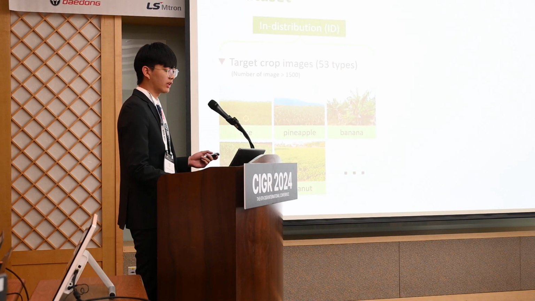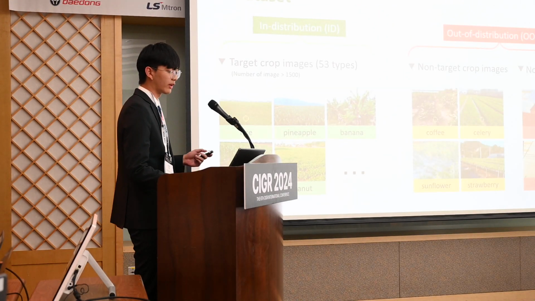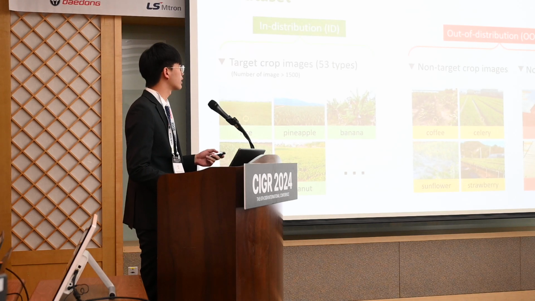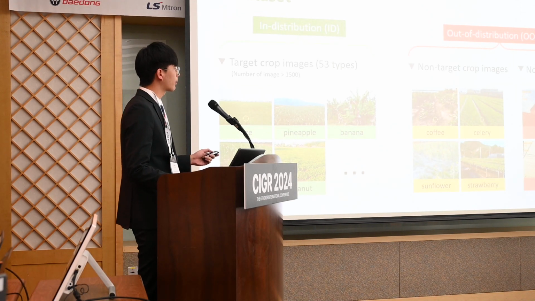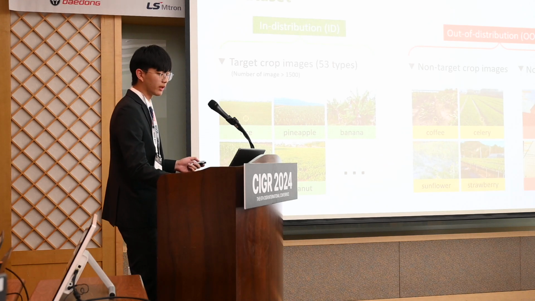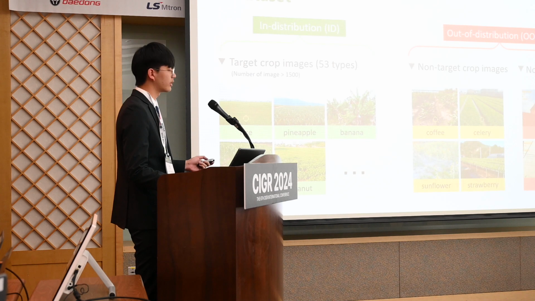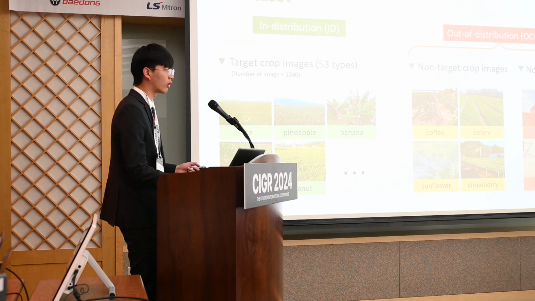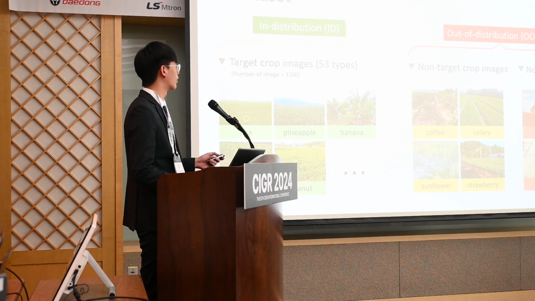And the images that are not of the target crop were defined as out of distribution, or OOD images. Non-target crop images, which are also crops but do not belong to any of the target crops, or non-crop images, which can be buildings or low quality images, are both considered OOD images.